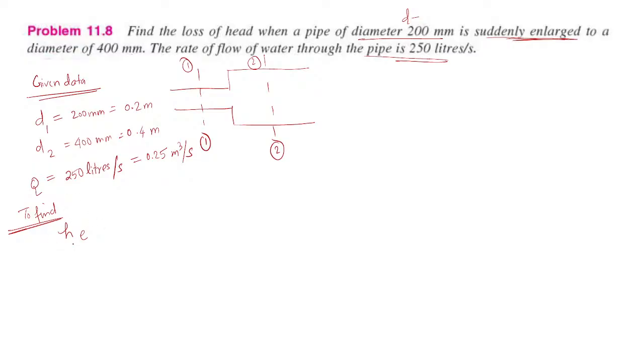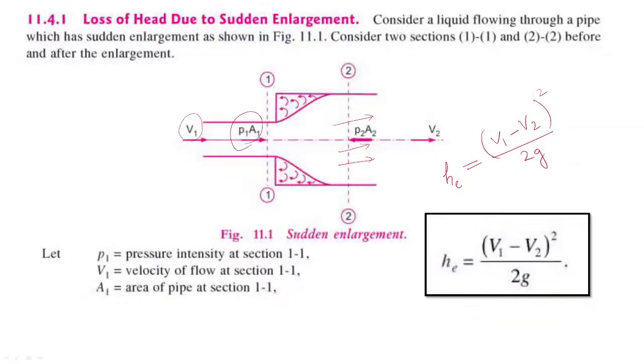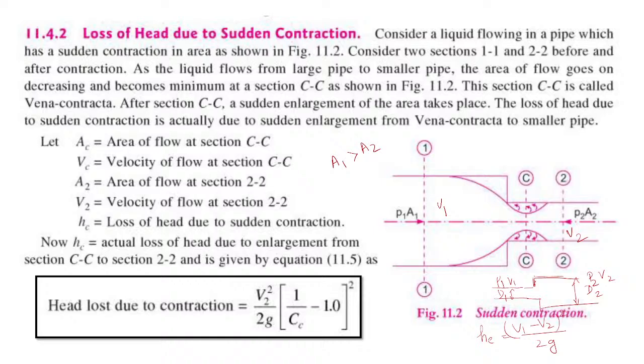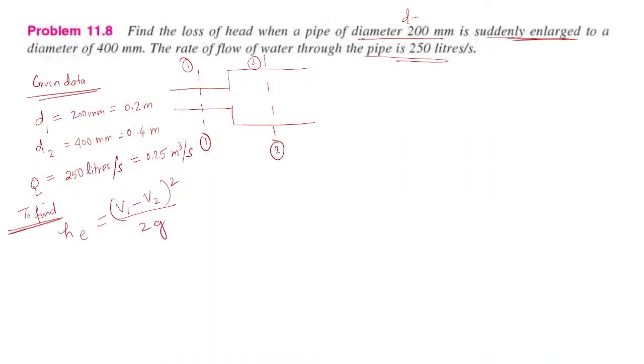We refer to it as He. So what's the formula we have seen? V1 minus V2 whole square by 2g. As you can see here, V1 minus V2 square by 2g.